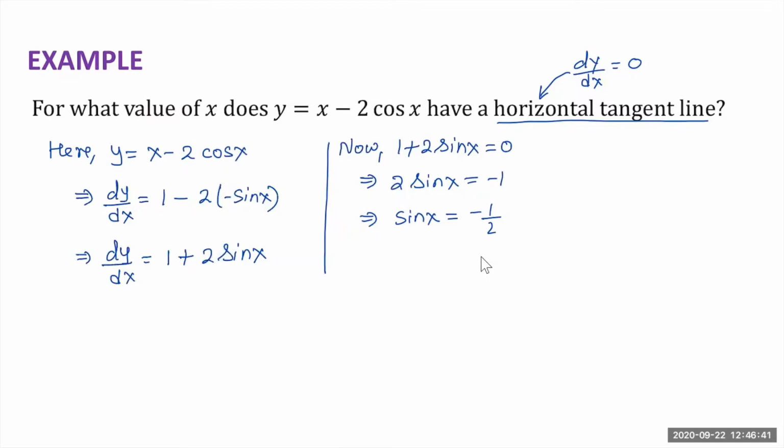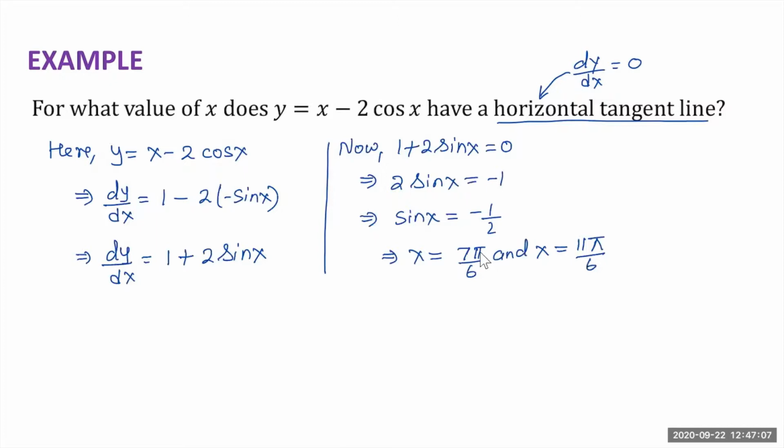If you remember your unit circle, for sine x to be -1/2, x is 7 pi over 6 and x equal to 11 pi over 6.